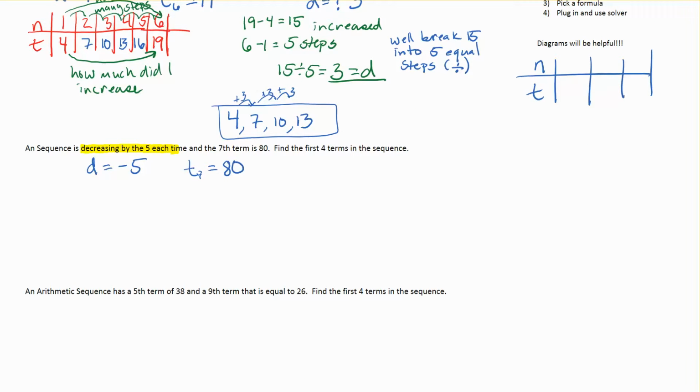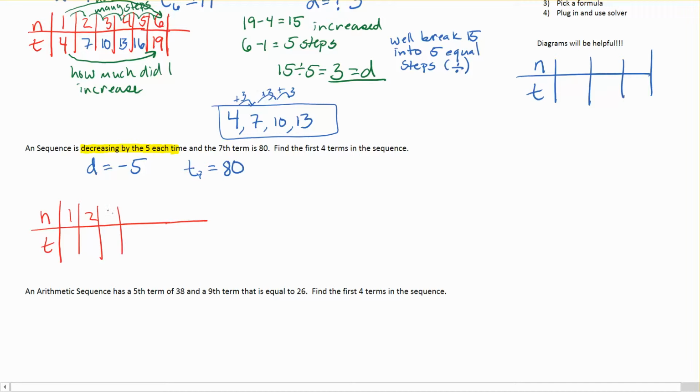So again, a diagram can be really helpful here, so let's do that. Term number and the term value. So out to number 7, I know that term 7 has a value of 80, and I have a difference of 5.